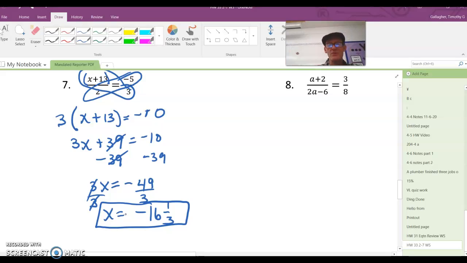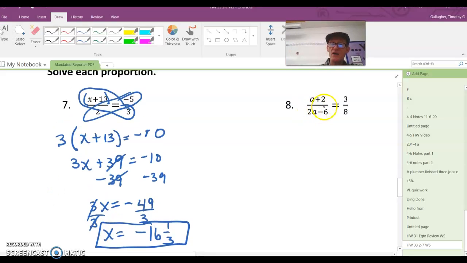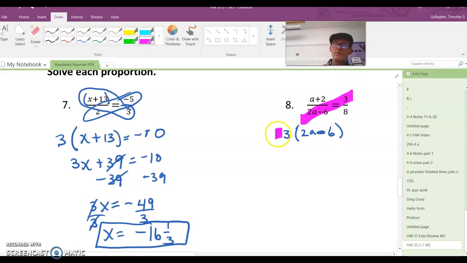Okay, so the next problem is a little bit more complicated. We're going to get 3 parentheses 2a minus 6. That's what we get when we multiply these two. Equals 8 times a plus 2.